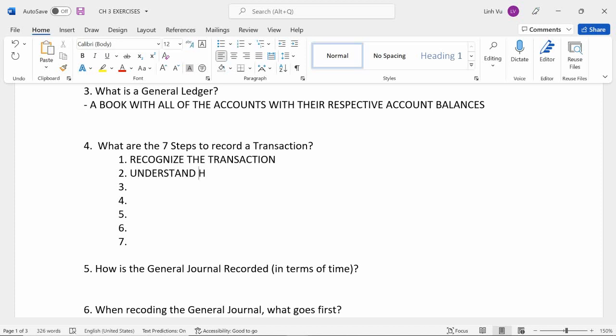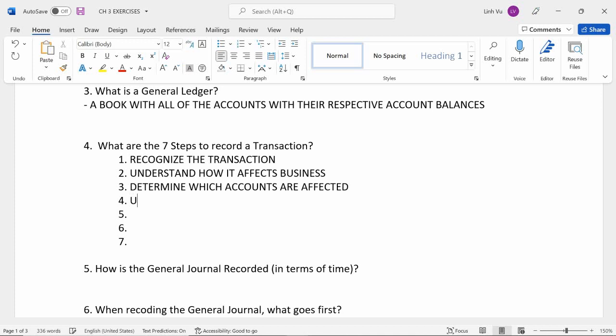Okay, understand how it affects the business. Okay. 3. Determine what accounts are affected by that transaction. Good. Determine which accounts are affected. Okay. What else?